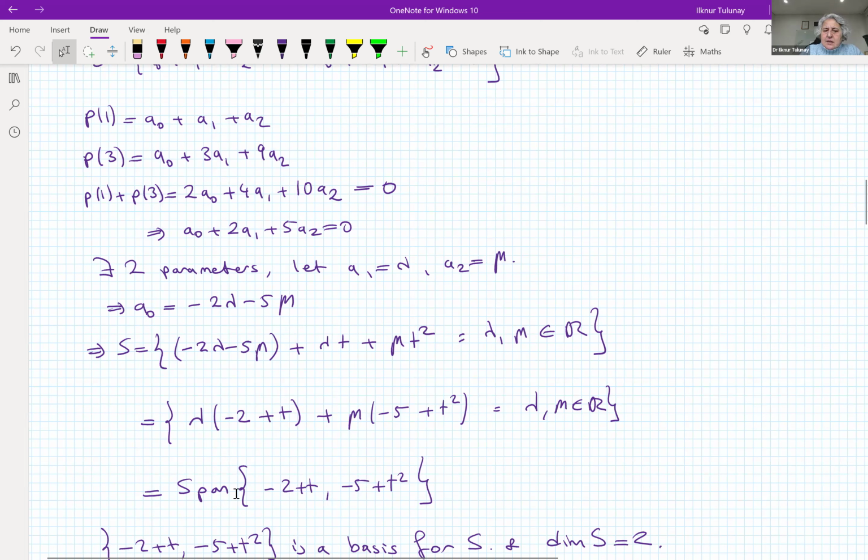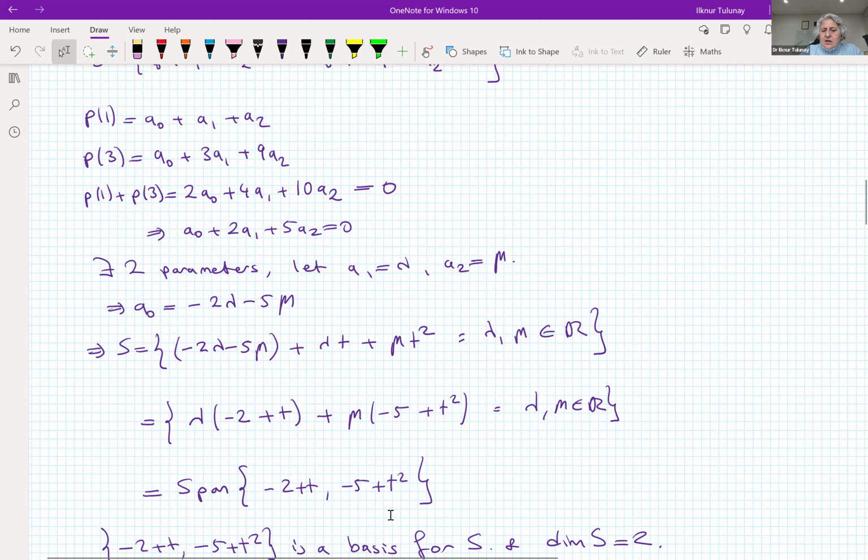It means that this is the spanning set of this polynomial and this polynomial. Just from here to here, I'm using the definition of spanning. And these two polynomials are linearly independent, obviously.